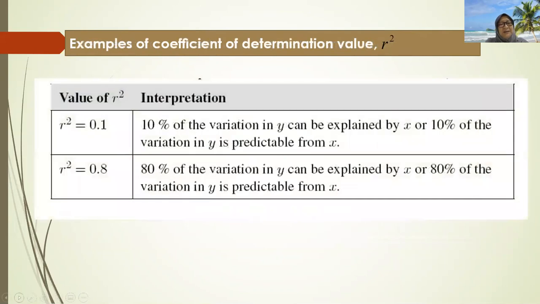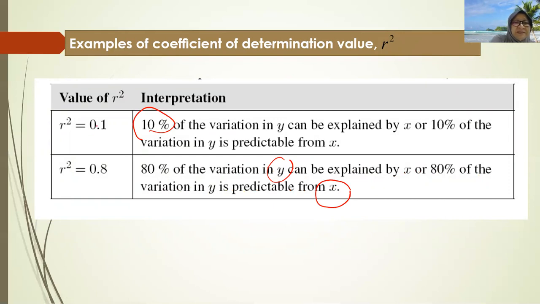Okay, we look at some examples here. If you have R squared equal to 0.1, change it into percentage: 10% of the variation in Y can be explained by X, or you can say that 10% of the variation in Y is predictable from X. Another example: if R squared equals 0.8, that means 80% of the variation in Y can be explained by X, or is predictable from X. That means X has a very strong effect on the value of Y, because 80% can be predicted by the independent variable.